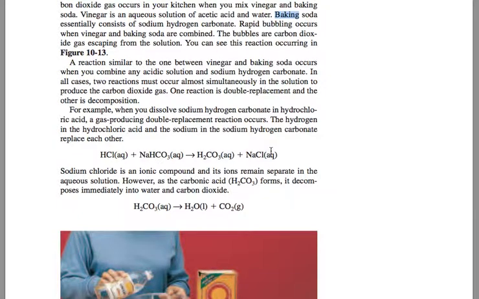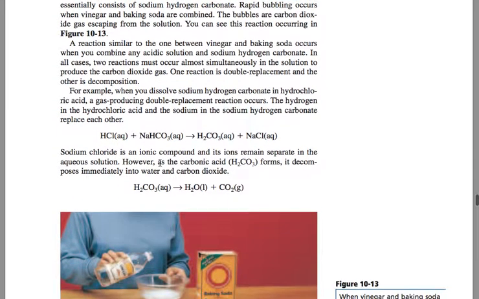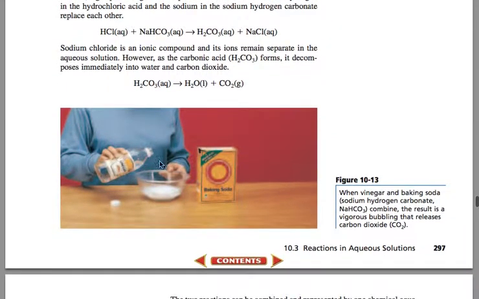Sodium chloride is an ionic compound. Sodium chloride is ionic, you've got to know this, and its ions remain separate in the aqueous solution. However, as the carbonic acid H2CO3 forms, it decomposes immediately into water and carbon dioxide.